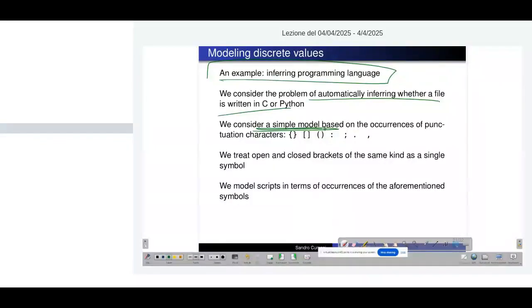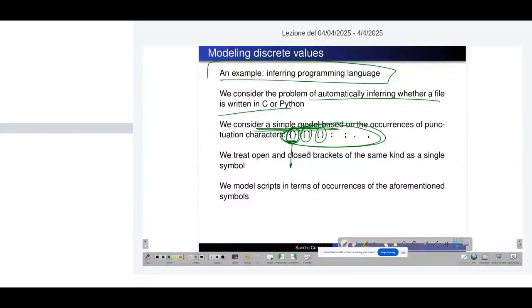We concentrate only, just to make it manageable in the slide, on the punctuation characters. And in particular, we consider sequence of words, the sequence, open or close curly brackets. This will be considered as a single element. So either open or close will be the same symbol for us.